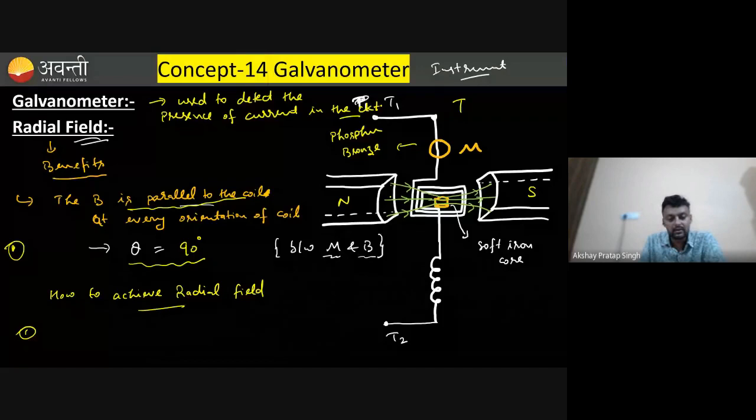So that's what is visible in the diagram. I hope the voice is clear now.